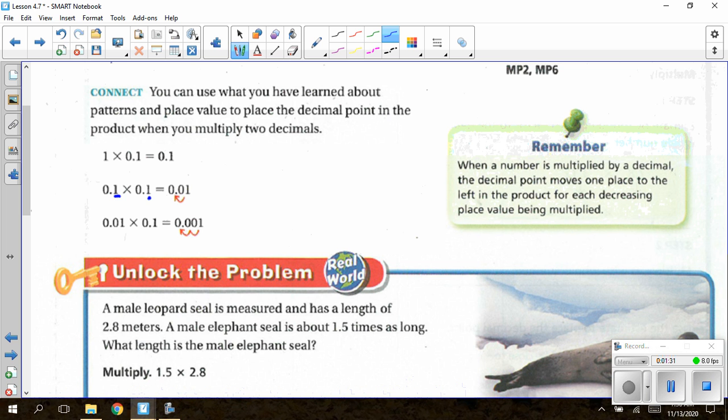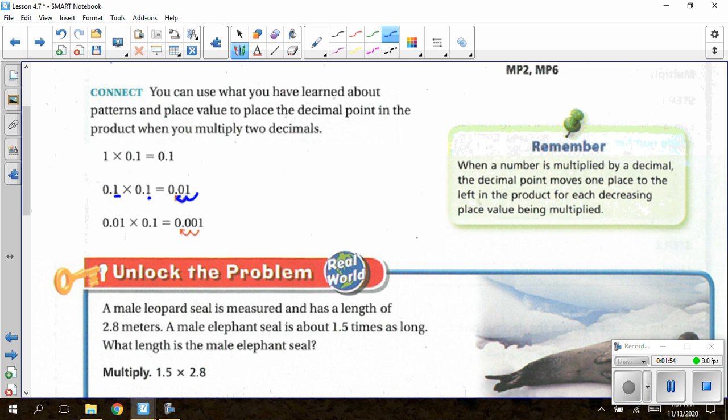So that means that there needs to be two decimal place values within the answer. And remember, when multiplying by 1/10, you swoop to the left. So from the end, I have 2 swoops to the left, and that's why my decimal is now giving me the answer of 1/100th.